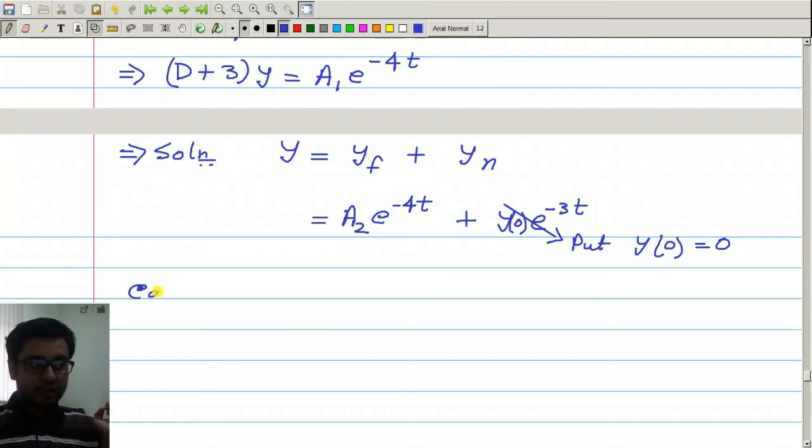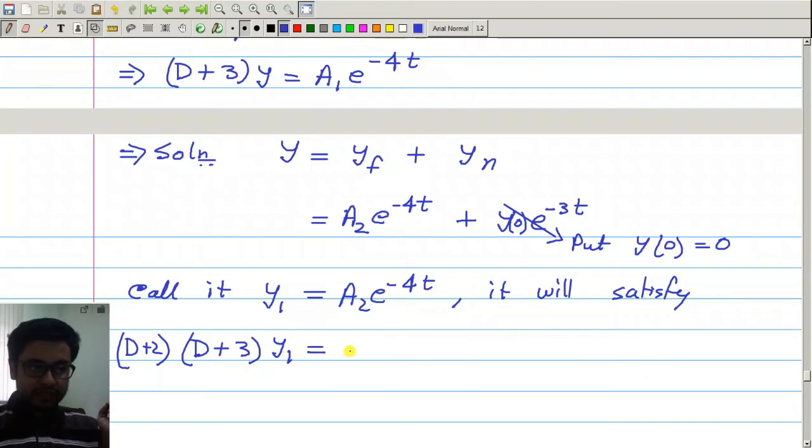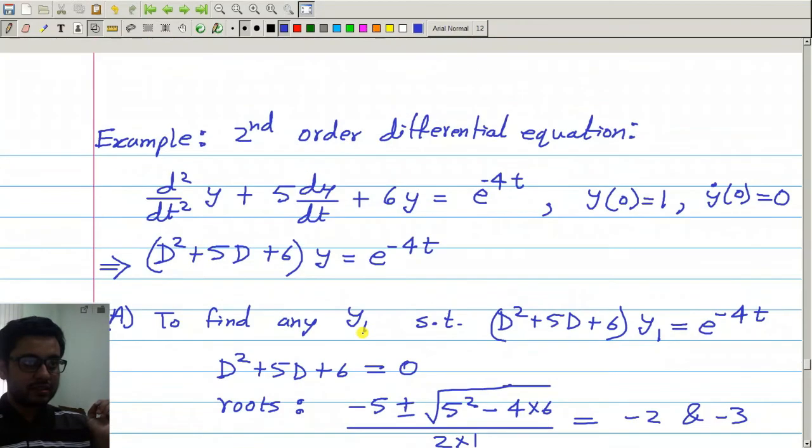So call it y1, which is equal to this, and it will satisfy the given equation that d plus 3 times d plus 2 acting on y1 is equal to the input, which was e to the power minus 4t.